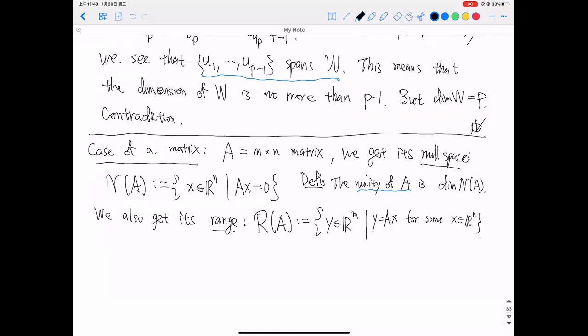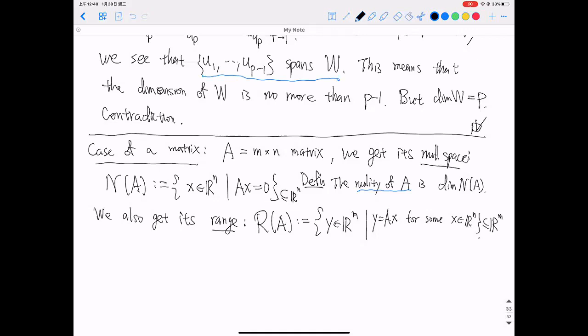I should probably mention that this null space is a subspace of Rn, while the range is a subspace of Rm.